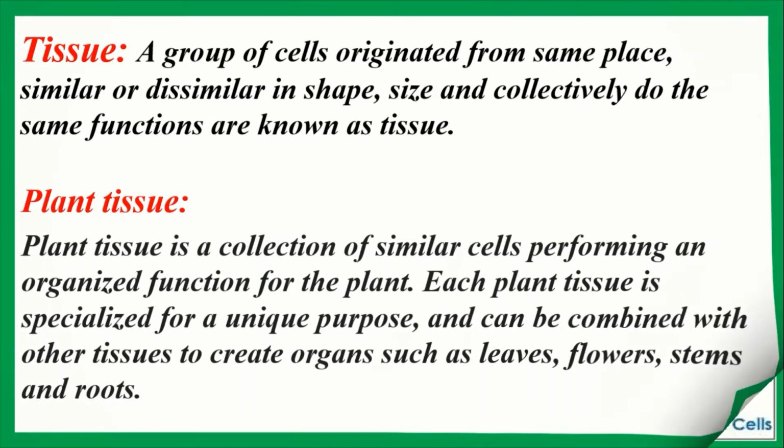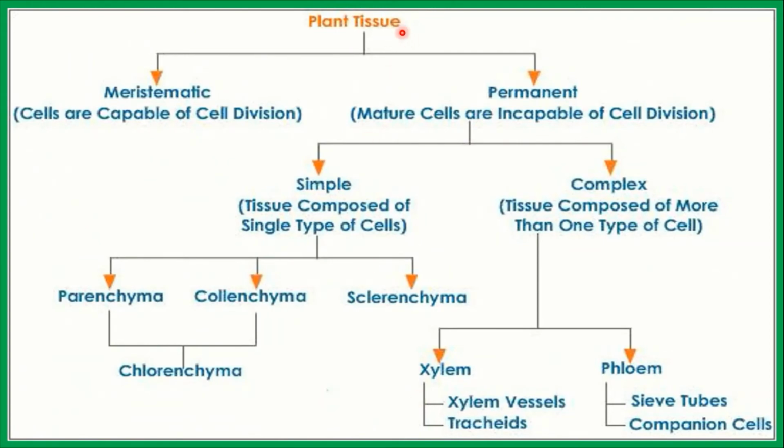Everybody, now let's see the flowchart of plant tissue. Here plant tissues are divided into two types, meristematic tissue and permanent tissue. Meristematic tissue: the tissue composed of cells which have the ability of cell division is known as meristematic tissue.